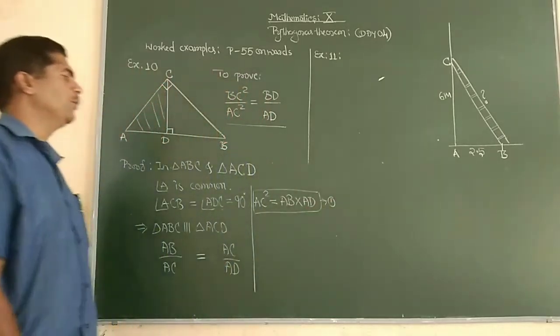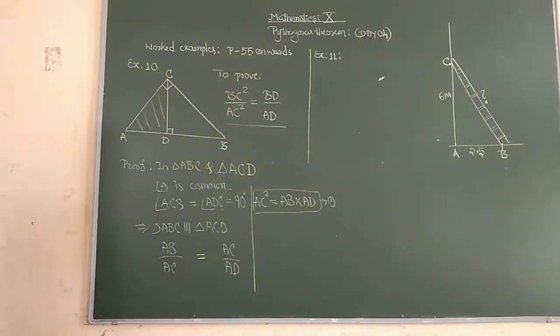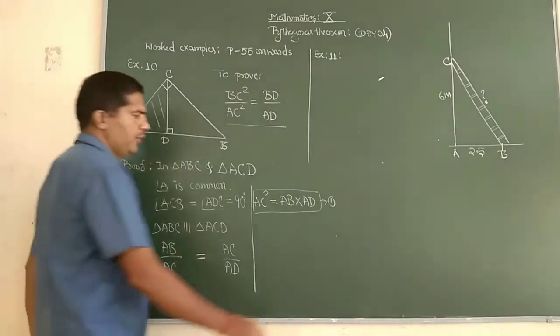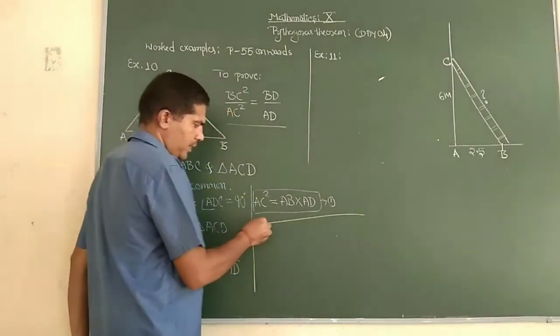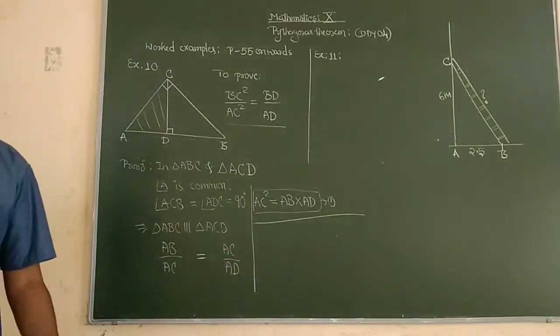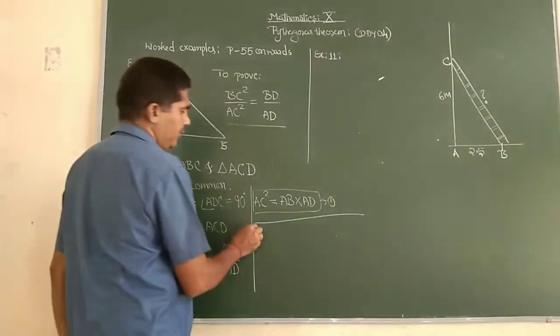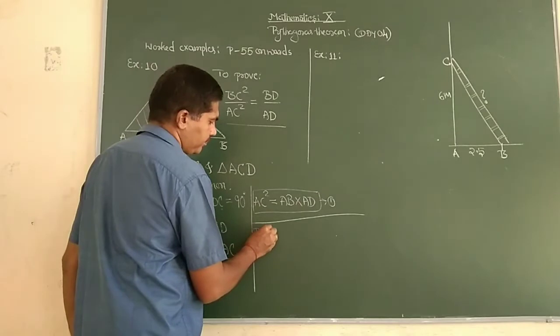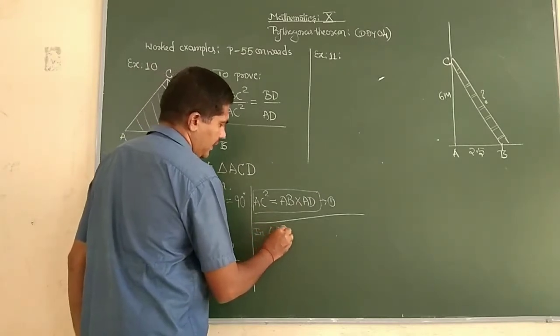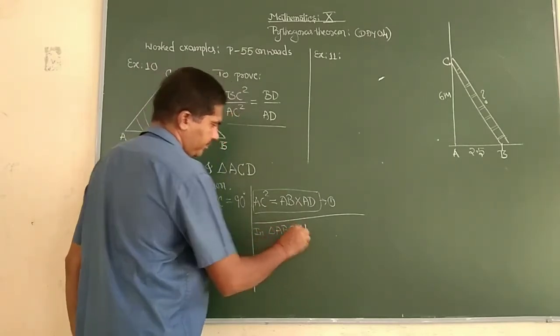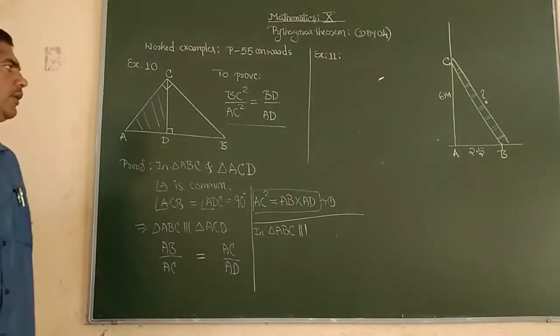Hope now I am getting the clue. Now what you will do? Next part you will do yourself only and write only the answer. So what is the next part? Again you will take bigger triangle ABC and one more triangle. What is that?